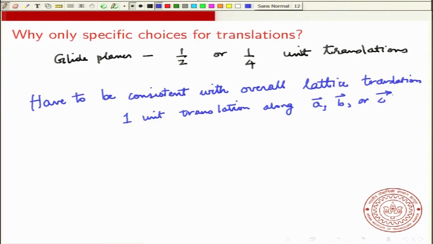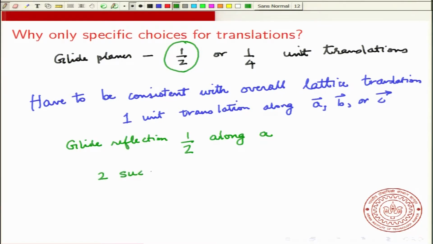For example, if you look at the half glide plane, you do a glide reflection of 1/2, and if you do this 2 times, let me take it along A for example, 2 successive glides will generate a lattice translation by A.